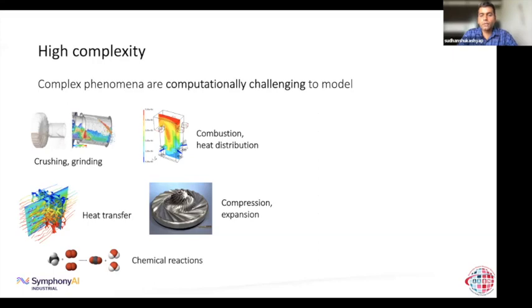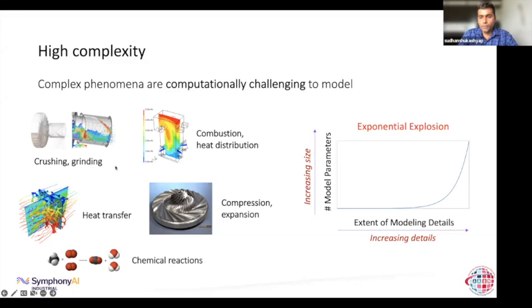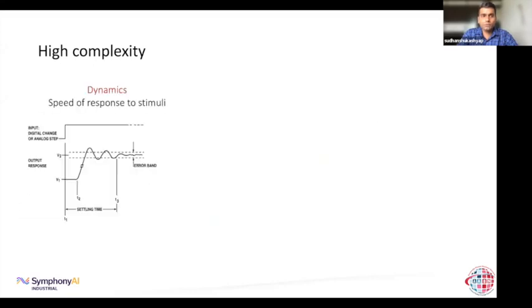If you try to model them with very high fidelity and start increasing the number of model parameters, the complexity of the model increases exponentially. Why does this happen? First is dynamics: we change certain inputs and our process reacts to it, so we need to model that dynamics, and all the time we have changes in our process, such as disturbances. So we need to model that.